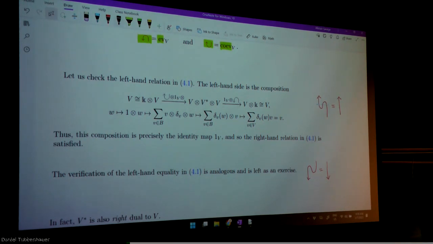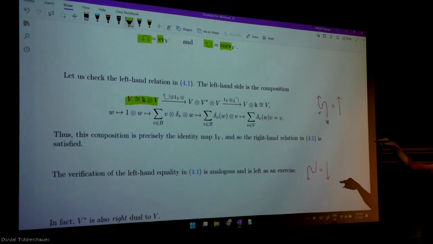So at the bottom, when we start here, we've got V. And now we want this cup here. But that cup, its domain is really the ground field. So here we have to use the fact that vector spaces is not really a strict monoidal category. We're implicitly using this fact that a vector space is isomorphic to the ground field tensor that vector space.